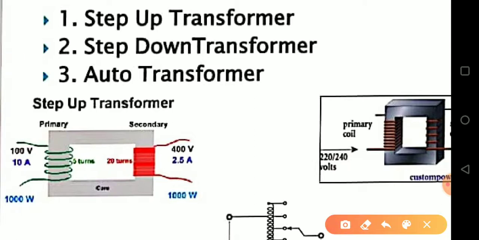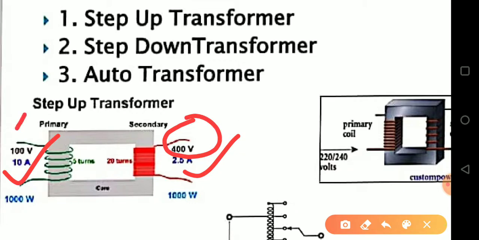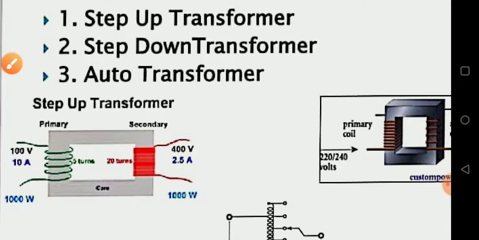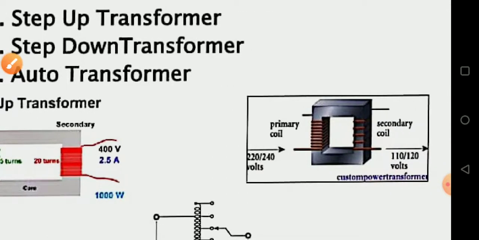Here you can see the primary has 100 volt and 10 ampere, but the secondary has 400 volt and 2.5 ampere. The secondary voltage is higher than the primary voltage, so it is called a step up transformer.